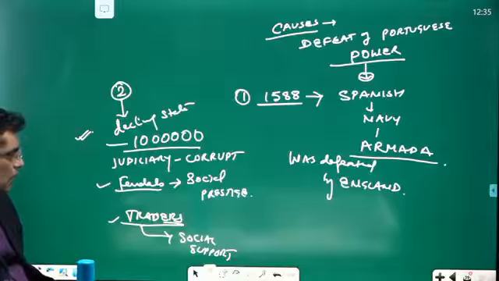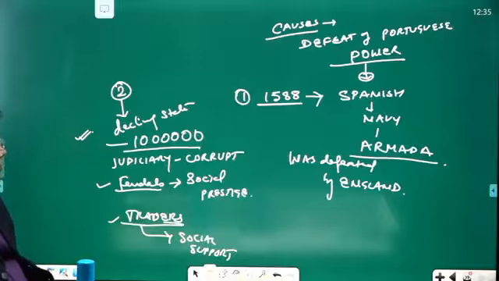Traders, they don't have social support. So declining state of affairs. The population was only 10 lakh. Judiciary was corrupt. Feudals only had the social prestige, and traders didn't have the social support.